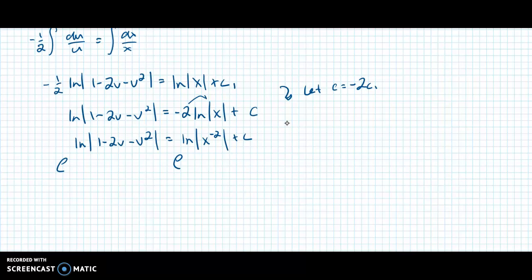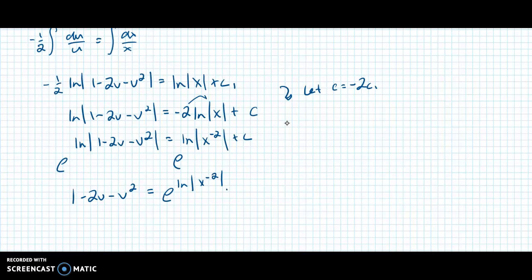that's going to give me, the left side simplifies nicely, 1 minus 2v minus v squared. The right side is stuck. I want to try and cancel it out, but the c's in the way. But remember, I can go e to the ln of the absolute value of x to the negative 2. I can actually drop that absolute value at this spot, but we're not going to talk about that.